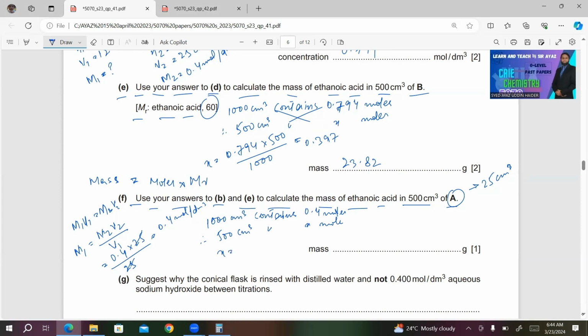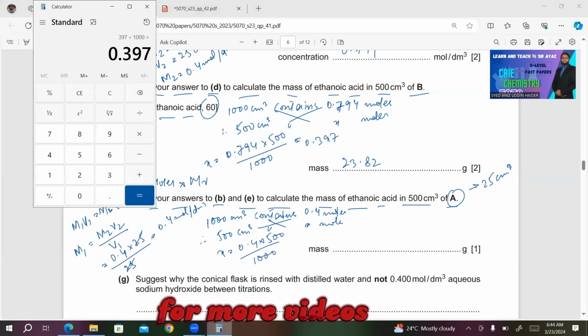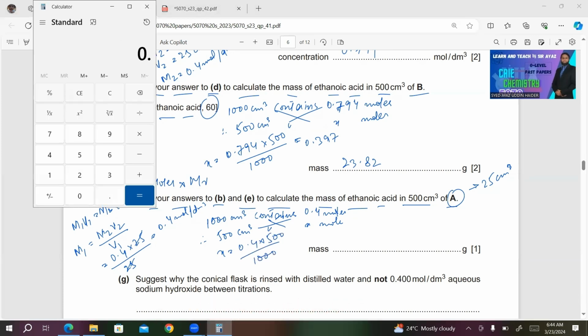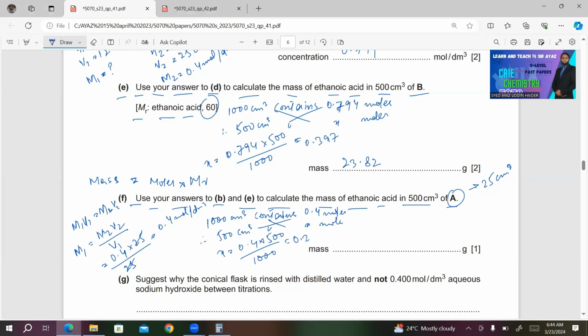So X is equal to, do the cross, 0.4 multiplied by 500 divided by 1000. That is 0.2 moles. In order to get the mass, multiply the moles by MR. So 0.2 multiplied by 60.